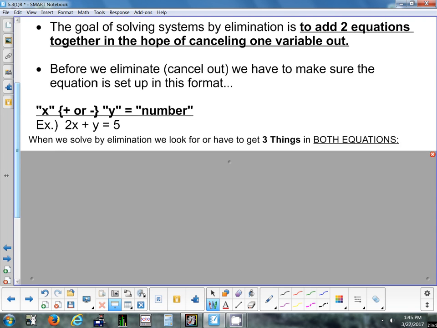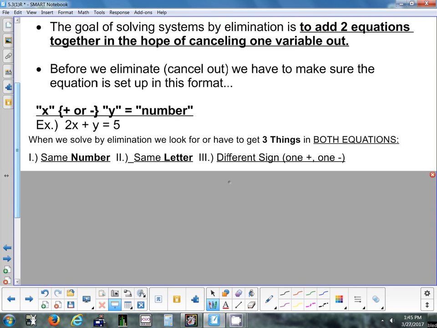All right, so there's three things you're going to look for when you're doing elimination. And Mr. Roy, I think we already said them earlier. Same number, same letter, but opposite signs, different signs.